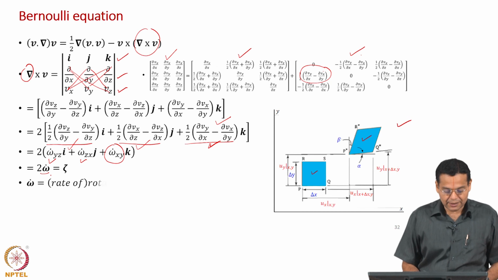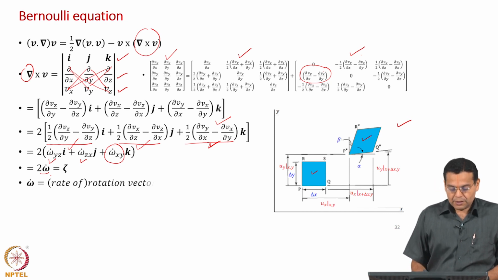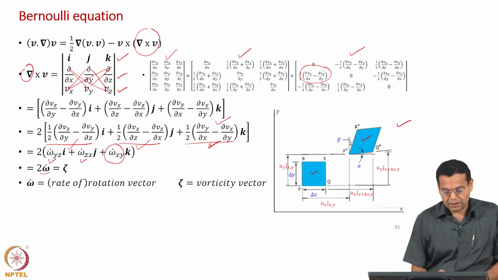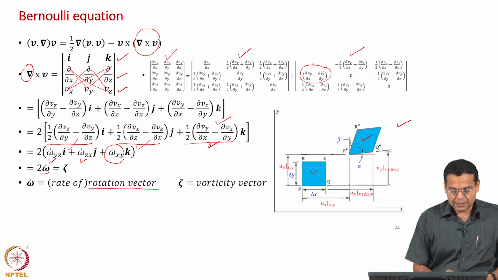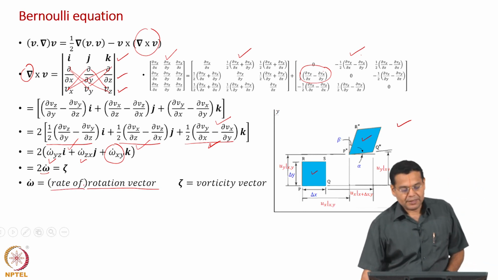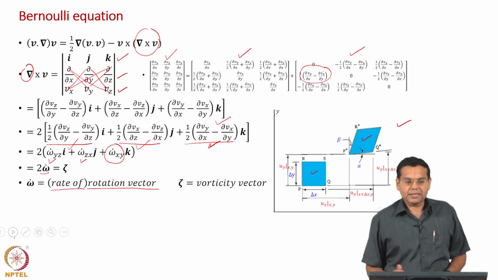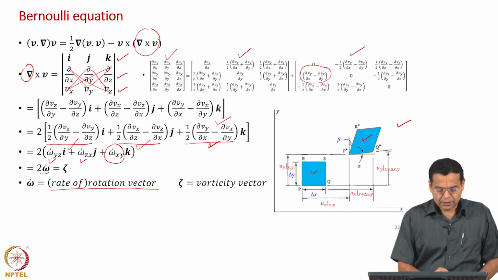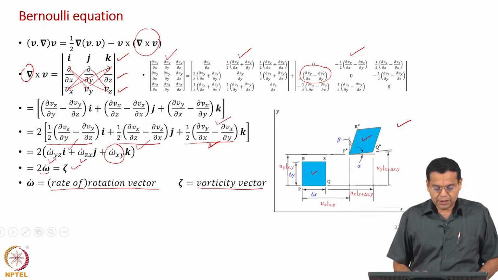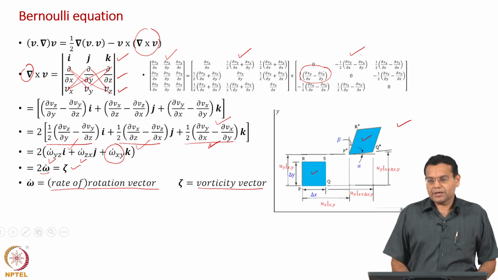So, omega dot is the rate of rotation vector. Usually fluid mechanics books may call it just the rotation vector. To be in line with our nomenclature, we will call it the rate of rotation vector. Okay. And the vorticity vector is twice the rate of rotation vector.